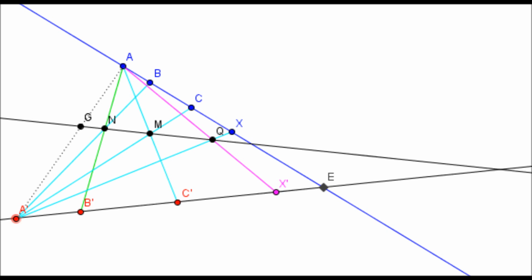That's going to be a point, and that point is going to be part of our so-called axis of projectivity. We're talking about projectivities now, let me stress that.